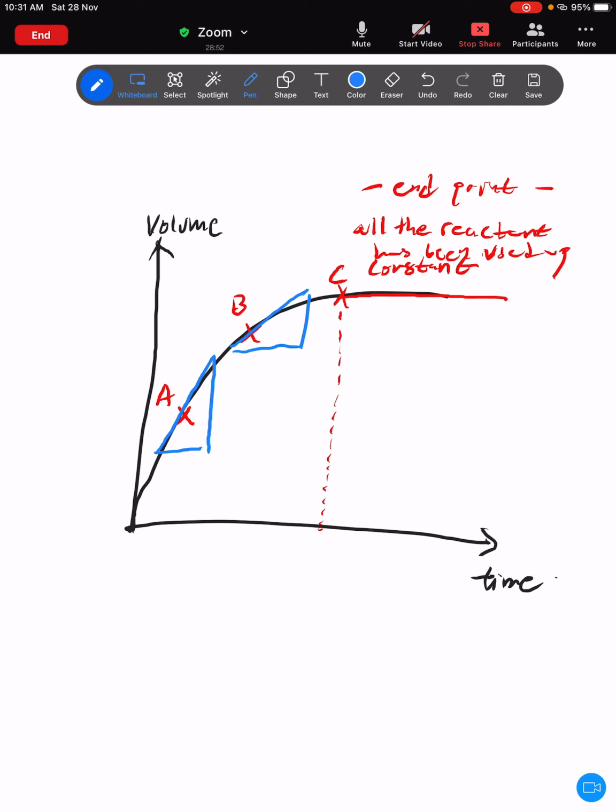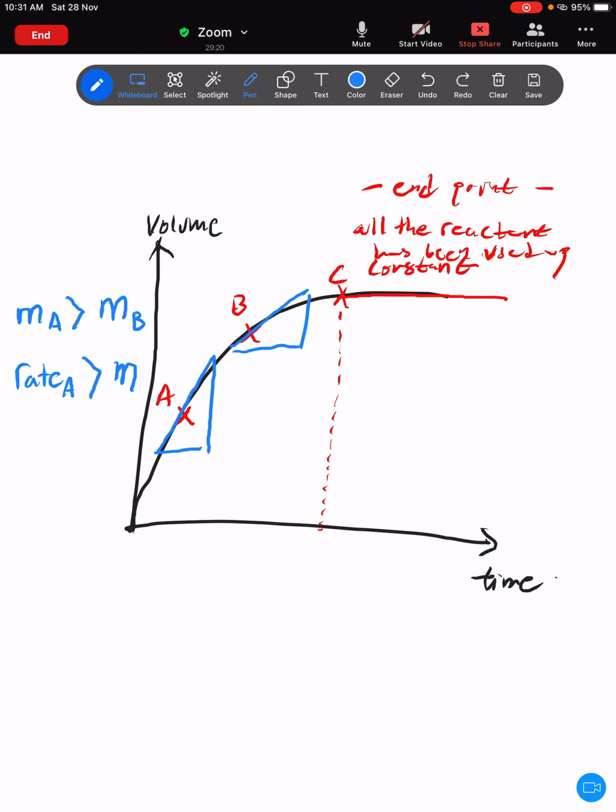Okay, of course, the gradient of A is steeper than the gradient of B. This indicates the rate at point A is higher as compared to the rate at point B. So that's why, my dear guys, at point C, the rate we call an endpoint.